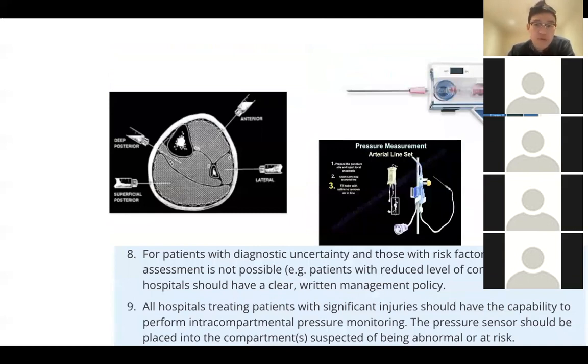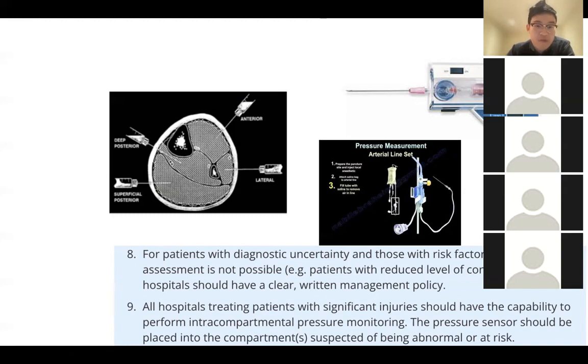Now, if you stick a needle in, is there any diagnostic certainty with sticking a needle in? The methods of doing it, in a commercial setting, would be Stryker, but they've stopped doing this because they weren't making a lot of money, because you can use a generic syringe and a generic needle that sticks into the actual compartment. So in this diagram, you can stick it into anterior, lateral, deep posterior, superficial. Each and every one of them needs a separate needle if you wanted to measure each compartment.